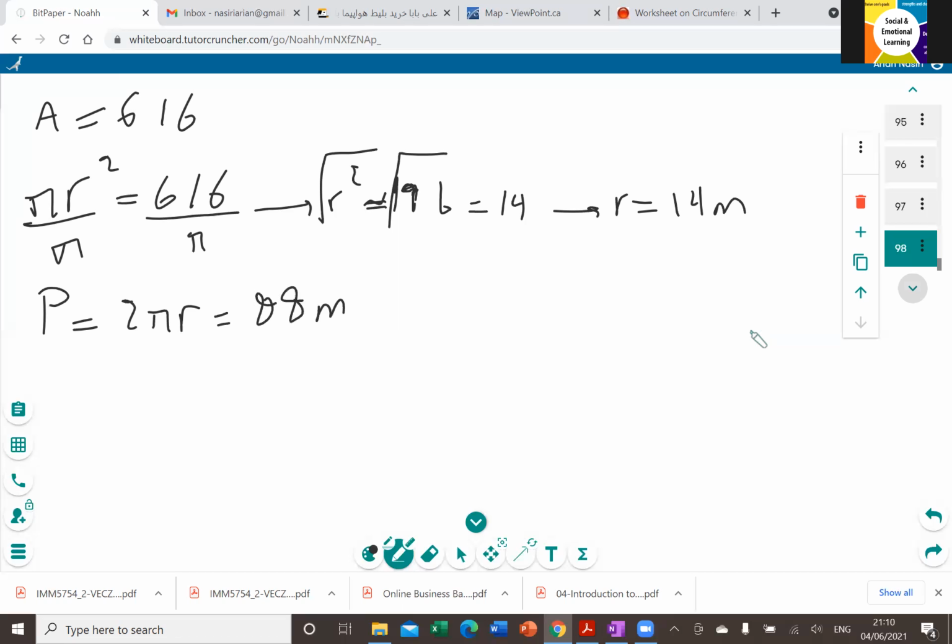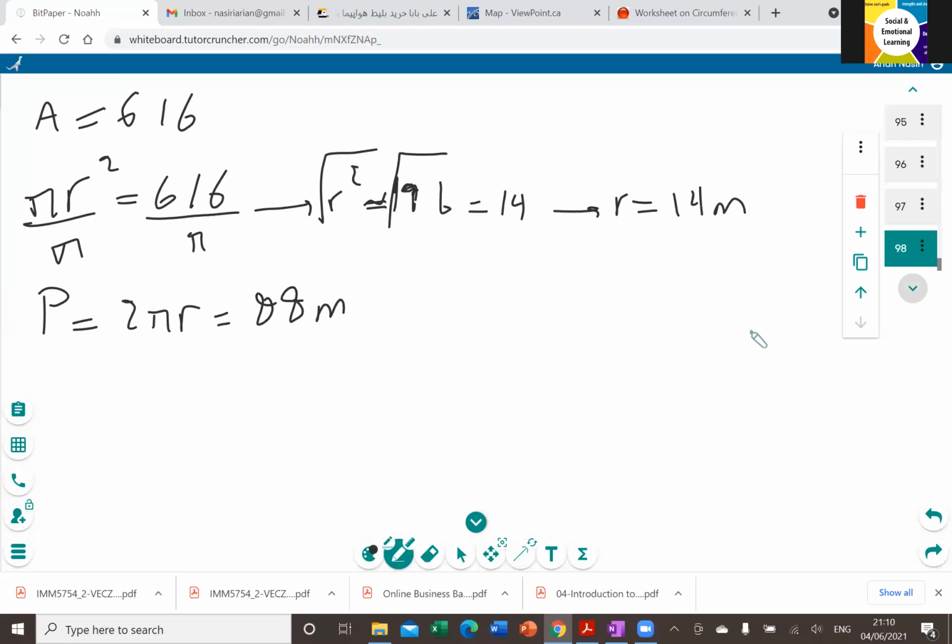Okay, cool. So what we've been covering is that if we are given the perimeter, we can calculate the area, and vice versa. The missing link between the two is the radius. If we get the perimeter or circumference, we calculate the radius first, and through the radius we calculate the area, and the other way around.